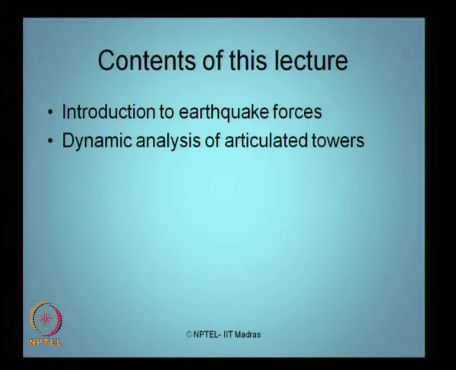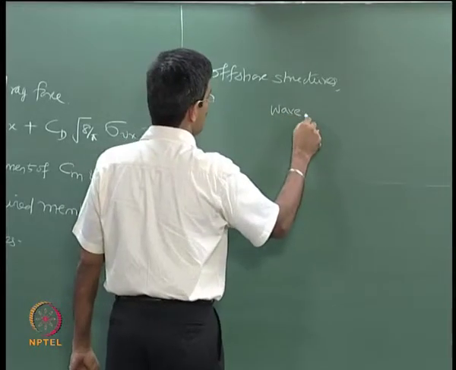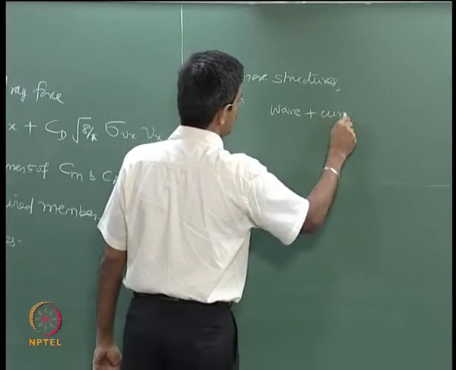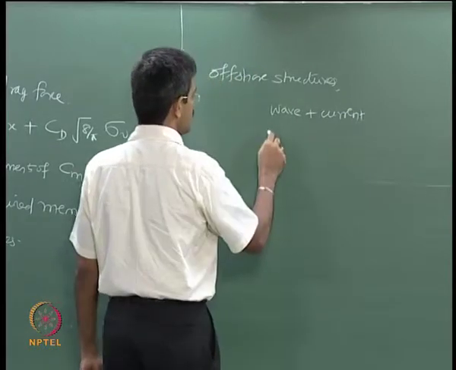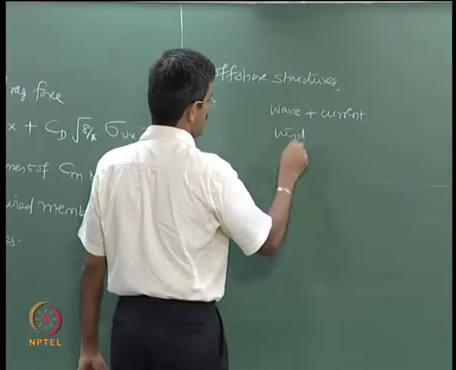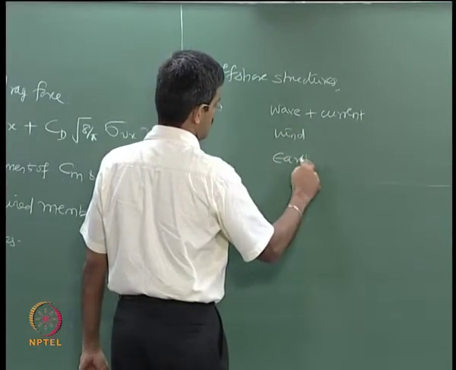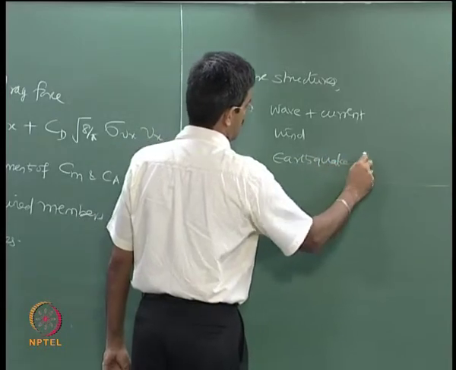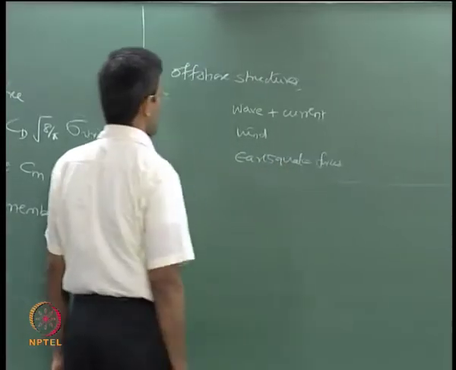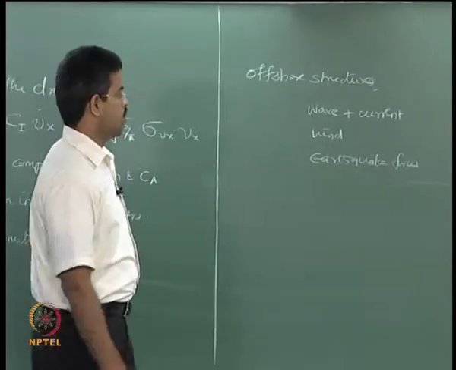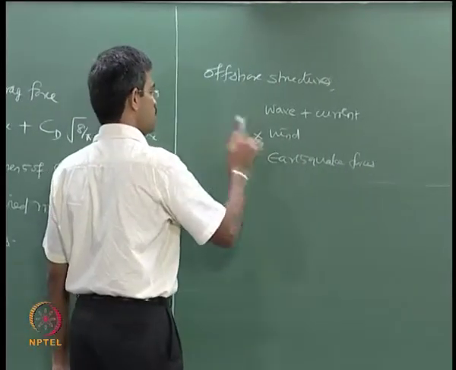So, we already know in case of offshore structures two important forces are applied. One is from the wave plus current, and of course from the wind, and also the earthquake forces. If we do not consider the aerodynamic response, then wind force may not be considered.